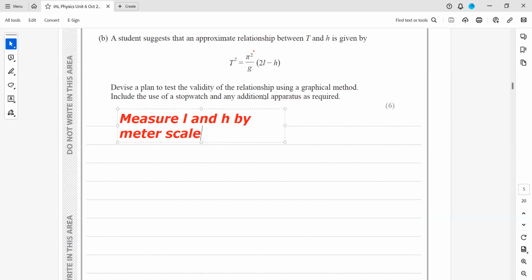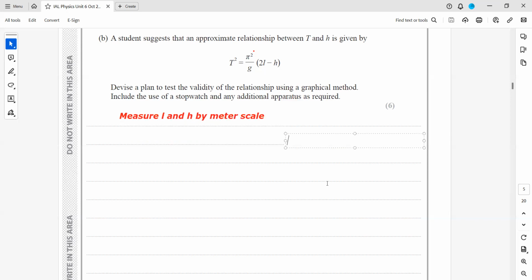Then what we'll do, we will move this pendulum to an extreme position, and usually a small angle it should be moved, because if you make a larger angle, then this formula T is equal to 2 pi under root L over g is not valid. So it is very important that you mention it: displace the pendulum.